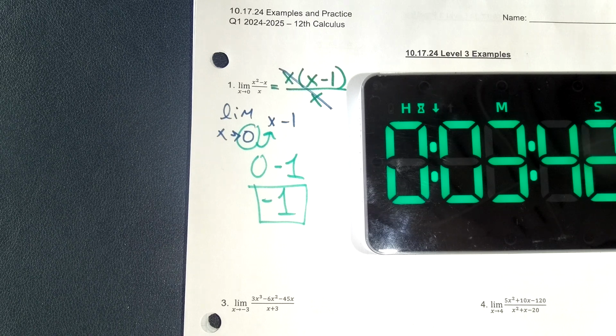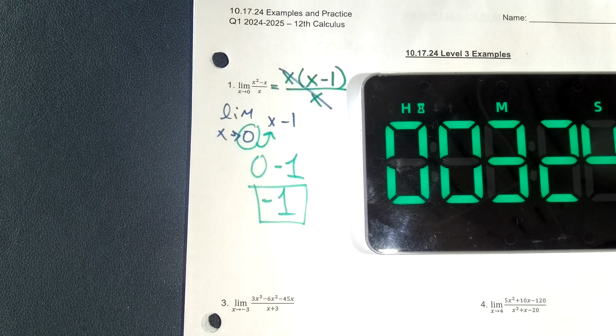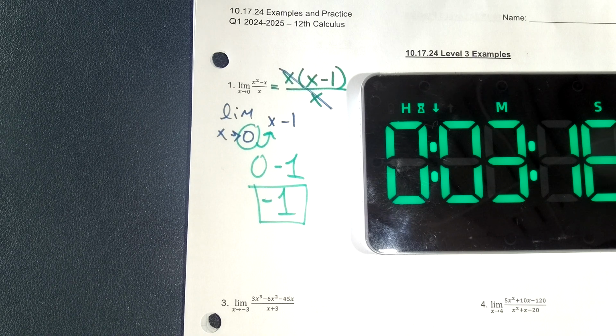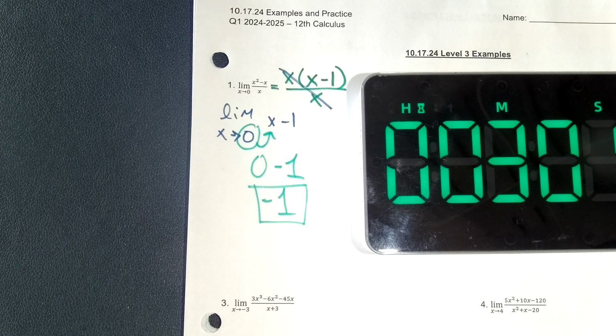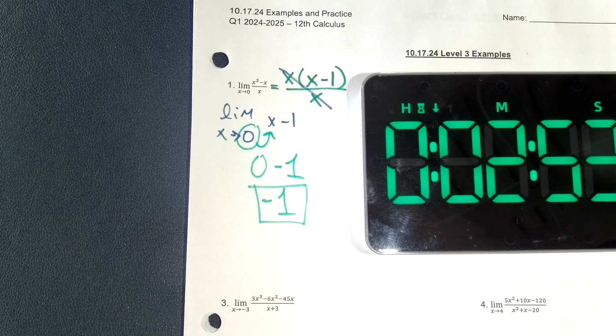What's the same in the numerator and denominator? X. So this X minus 1 is almost.